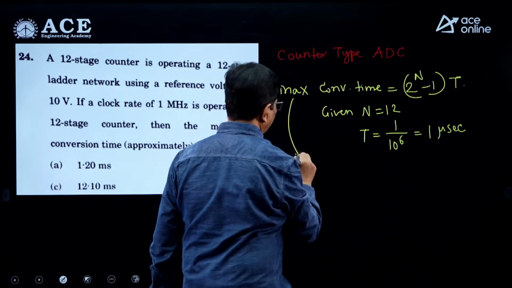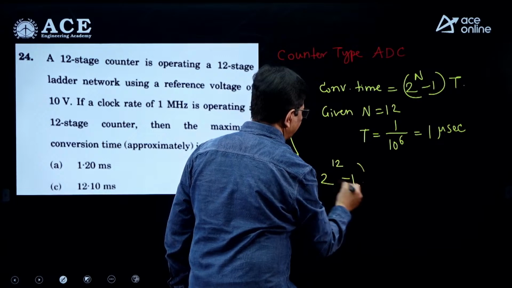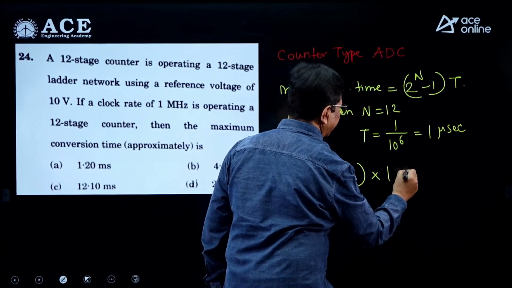So the maximum conversion time is 2 power 12 minus 1 into 1 microsecond.